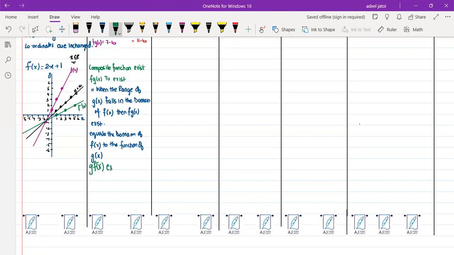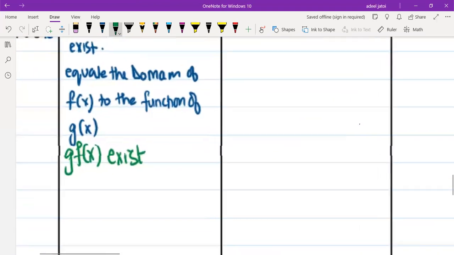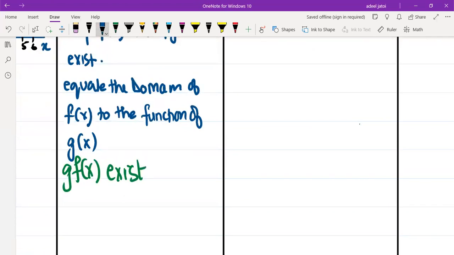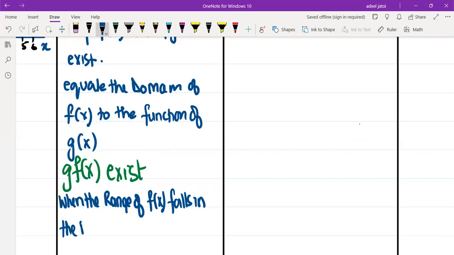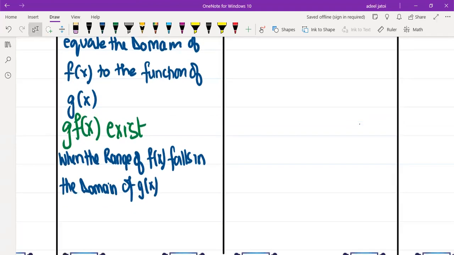What we're going to do is look for when the range of f(x) falls in the domain of g(x). So let's write: when the range of f(x) falls in the domain of g(x), then gf(x) exists.